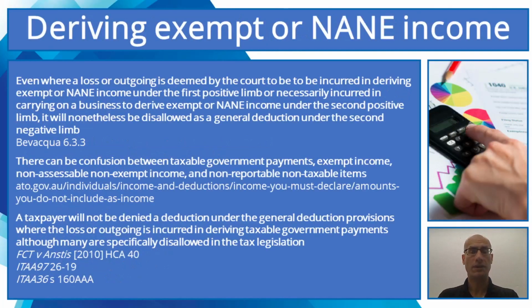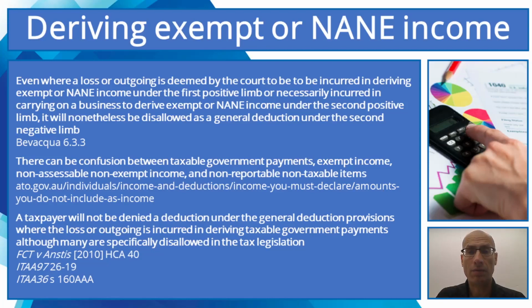The third negative limb is concerned with expenditure, losses, outgoings that are incurred in producing or deriving non-assessable, non-exempt, or exempt income. Now, that can also relate to the second positive limb as well, which is the idea of carrying on a business, again, with a view to derive at some stage exempt or non-assessable, non-exempt income.